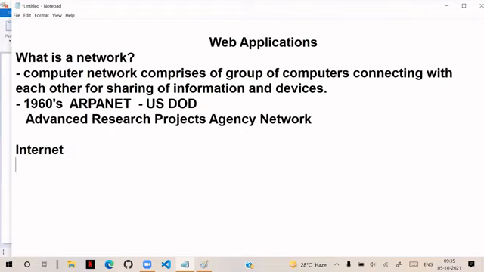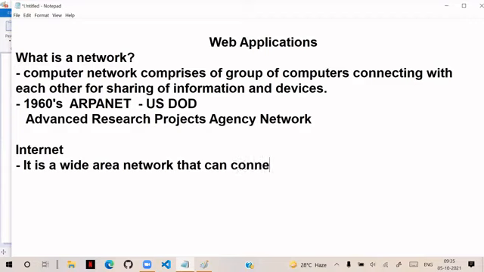Internet is nothing but a wide area network that can connect computers all over the world.